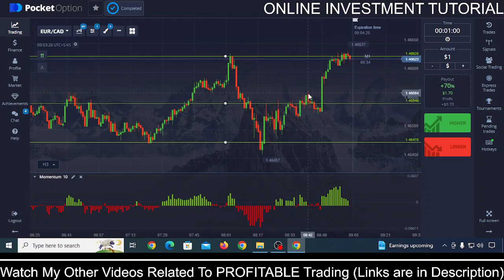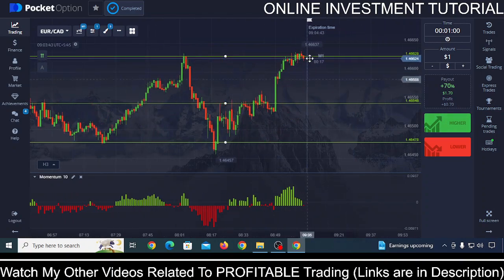It tried to break out, it fell down again, and then it suddenly broke out. Once you see this kind of breakout, you can wait for two to three additional candles and place a trade by clicking on higher, in the upward direction. But as you can see, it is currently struggling at this resistance area.